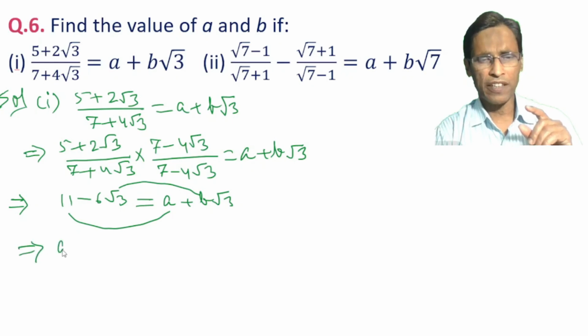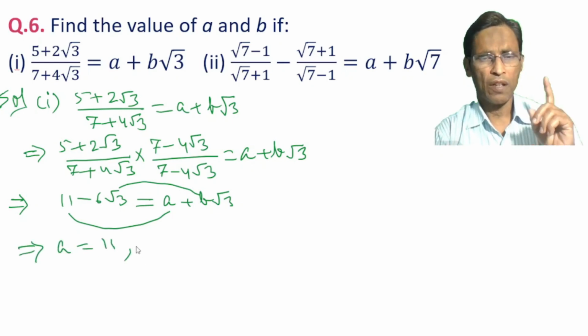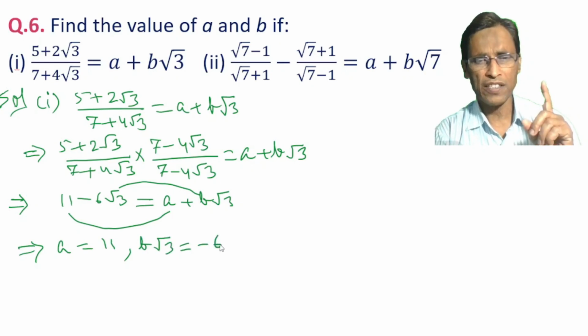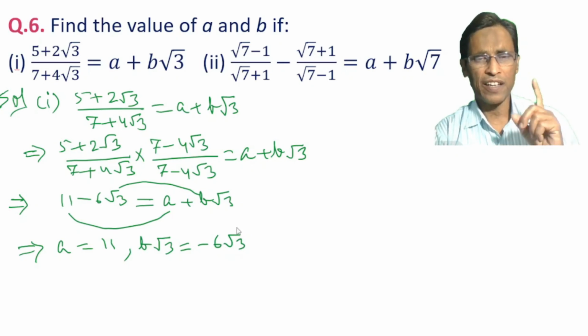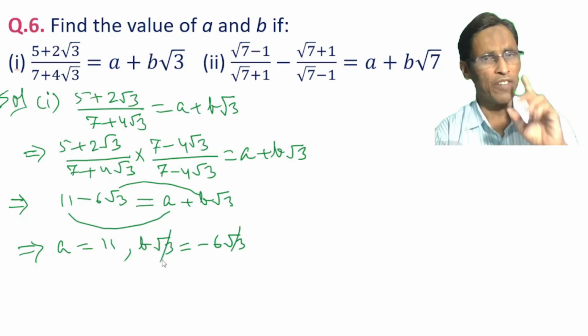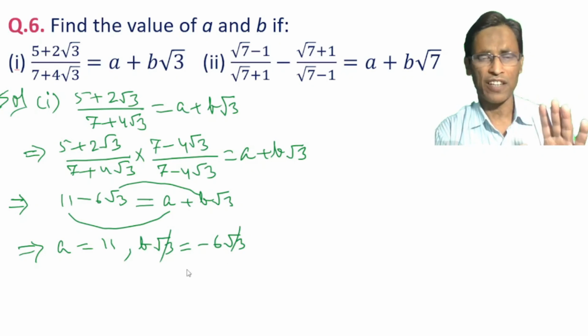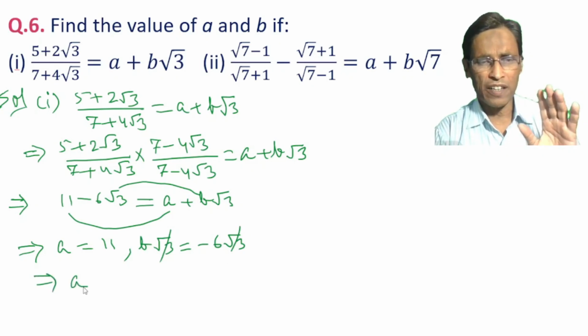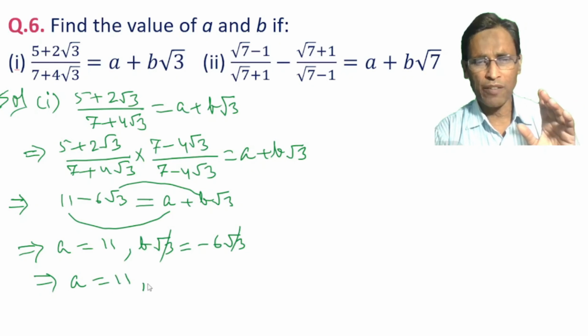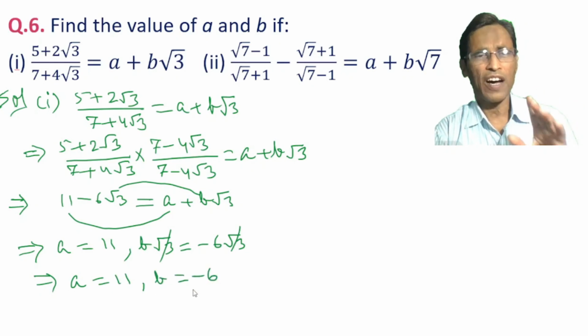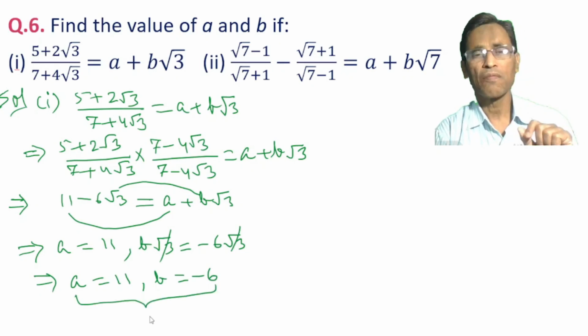Therefore, we get a equal to 11 and b root 3 equal to minus 6 root 3. Clearly, this root 3 and this root 3 will be cancelled. So from this we get a equal to 11 and b equal to minus 6 are the required values of a and b. Answer.